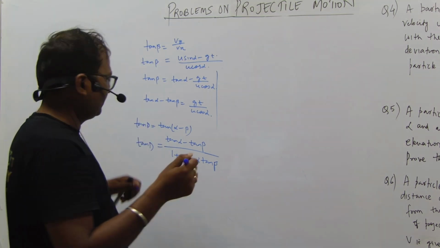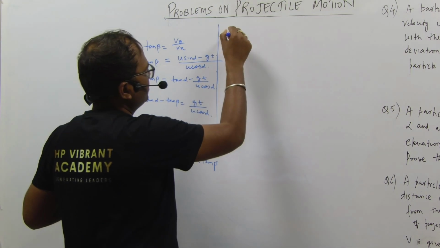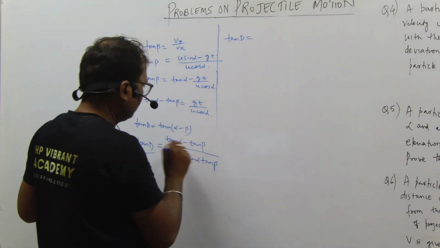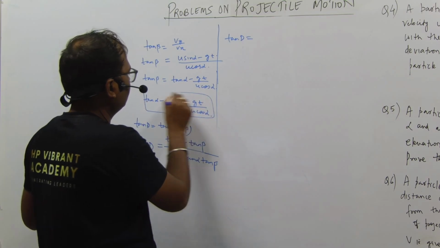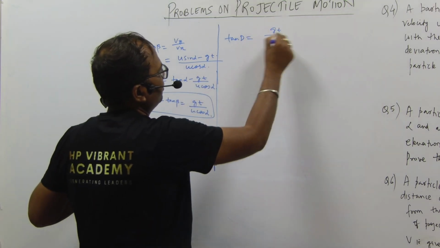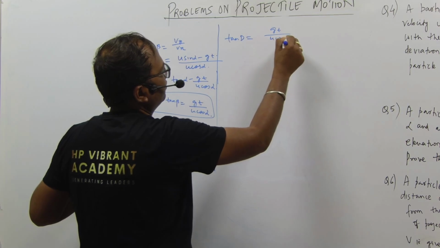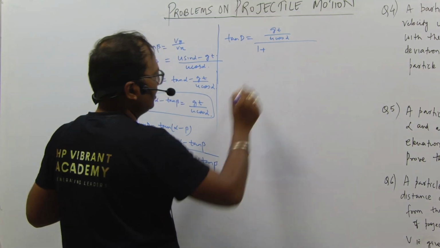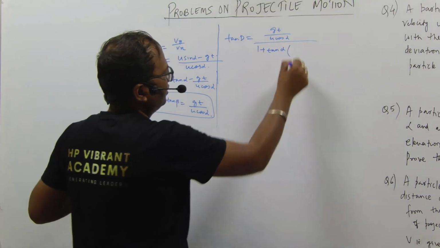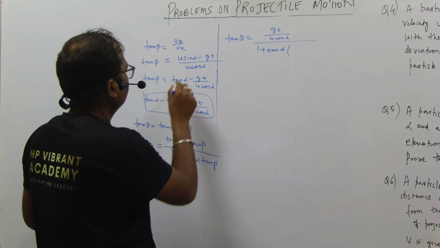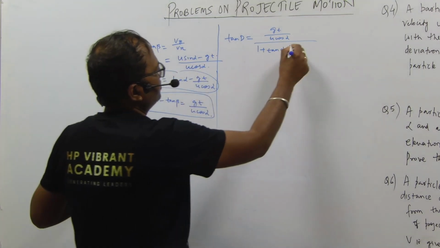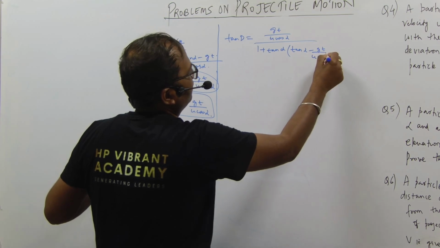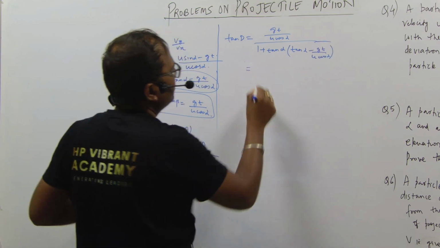So deviation d is given by tan of d. So tan of d is equal to tan alpha minus tan beta, which is given by this particular expression, gt upon u cos alpha, upon 1 plus tan alpha into tan beta, whose value is this one: tan alpha minus gt upon u cos alpha. Okay, let us simplify this.